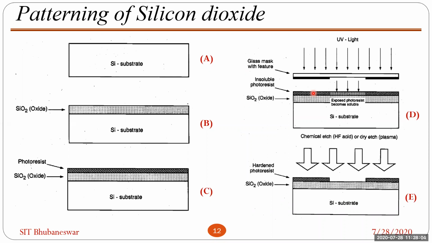Initially it's soluble, and once light falls, it becomes insoluble, it becomes hard. Negative is more sensitive to light, but the problem is that in negative photoresist the resolution will be less. Resolution means this part will not have the exact shape. That's why we use positive photoresist. This is the general steps.